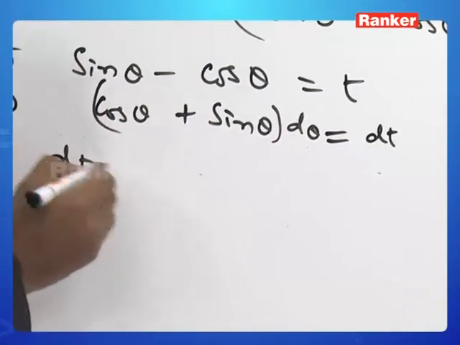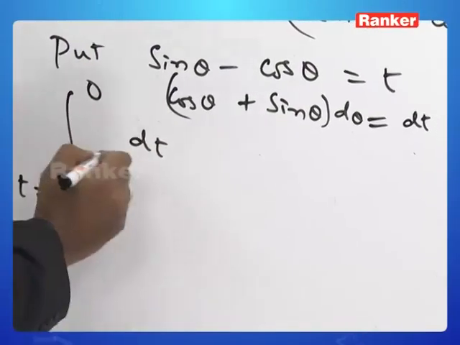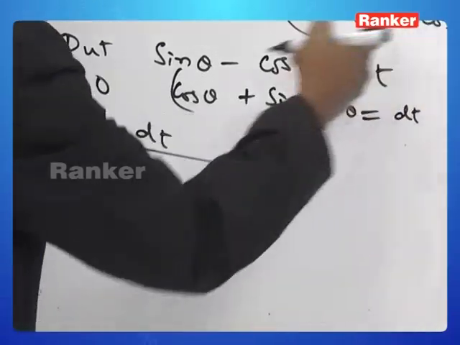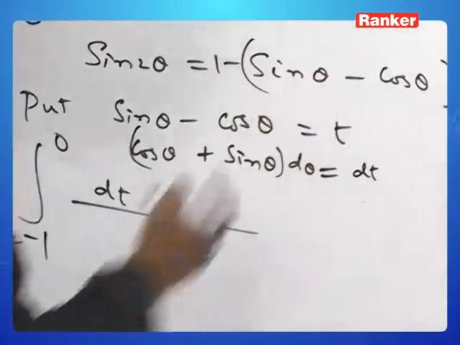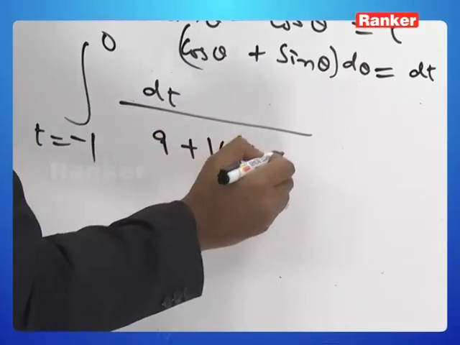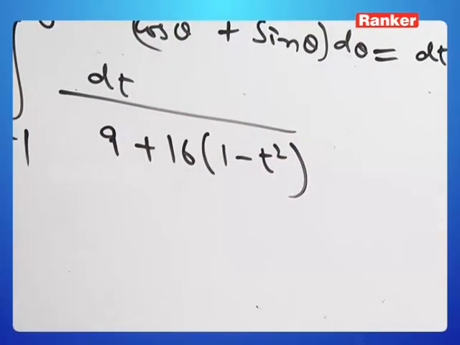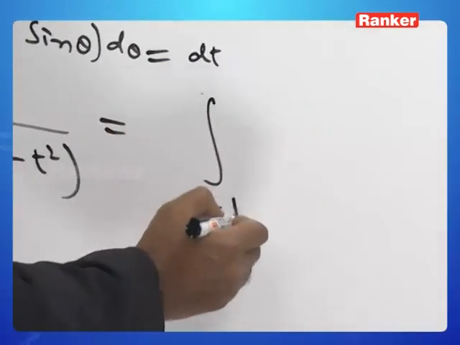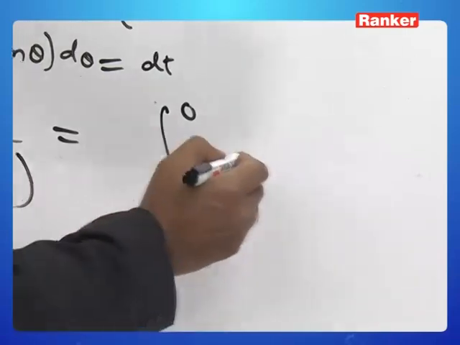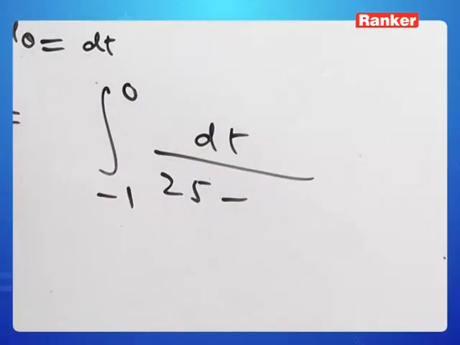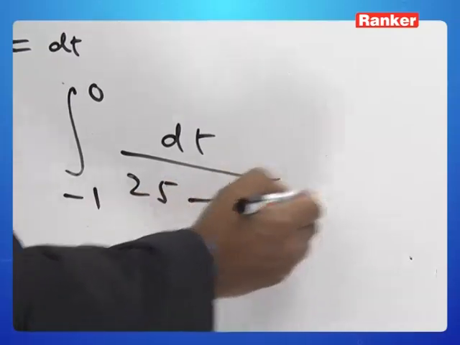So, we have dt, t ranging from minus 1 to 0, upon, now this sin 2 theta we could replace as 1 minus t square. So, that is 9 plus 16 into 1 minus t square. That makes it the integral from minus 1 to 0 of dt upon 25 minus 16 t square.